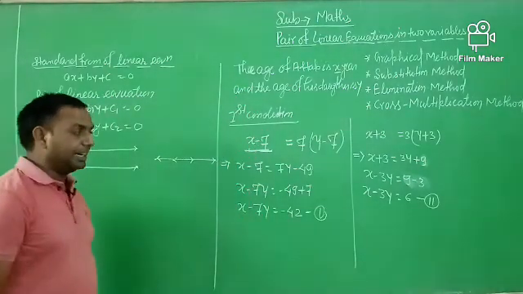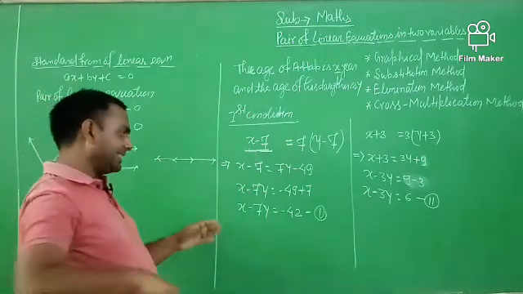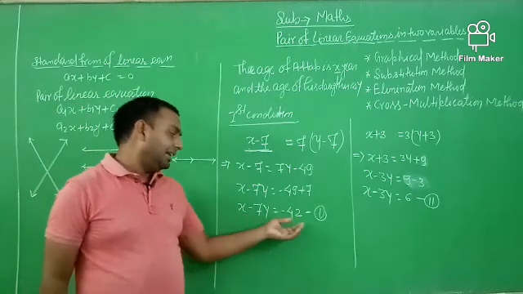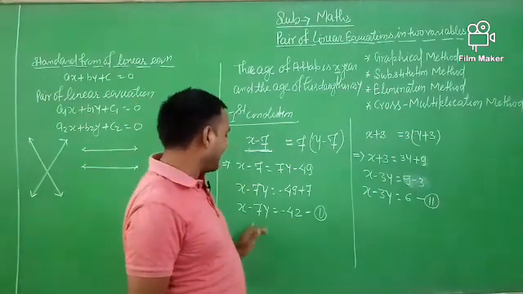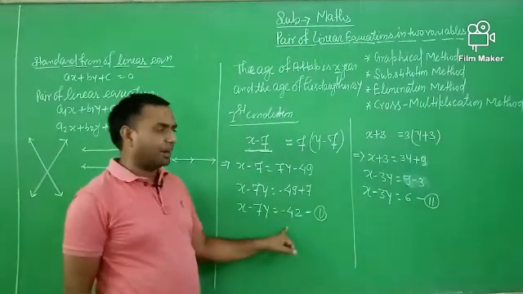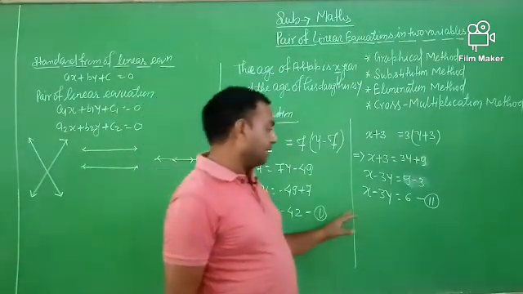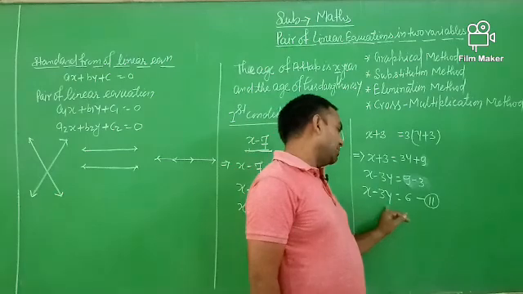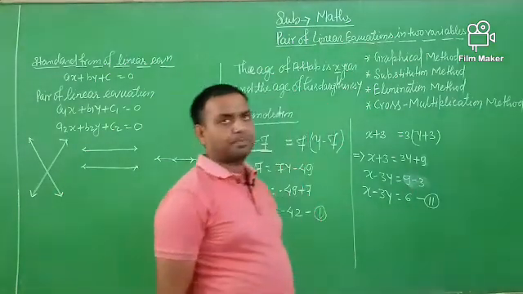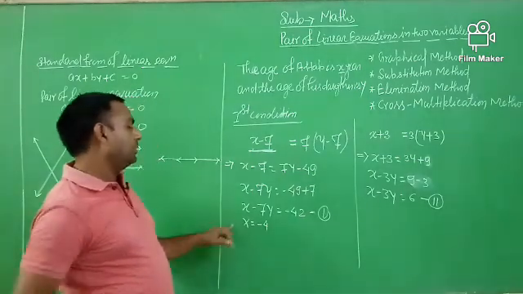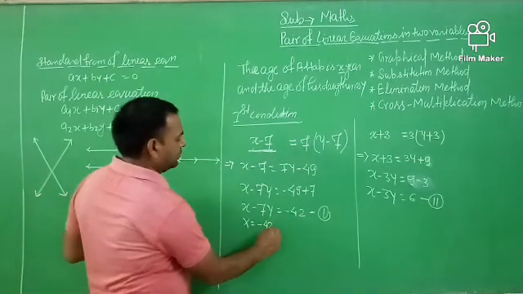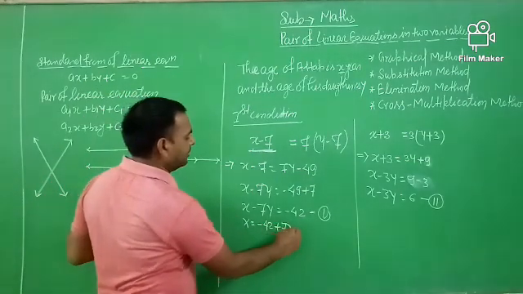Here you see that we have converted these into linear equations in two variables. First equation is x minus 7y is equal to minus 42, and second equation is x minus 3y is equal to 6. After that, x is equal to minus 42 plus 7y.